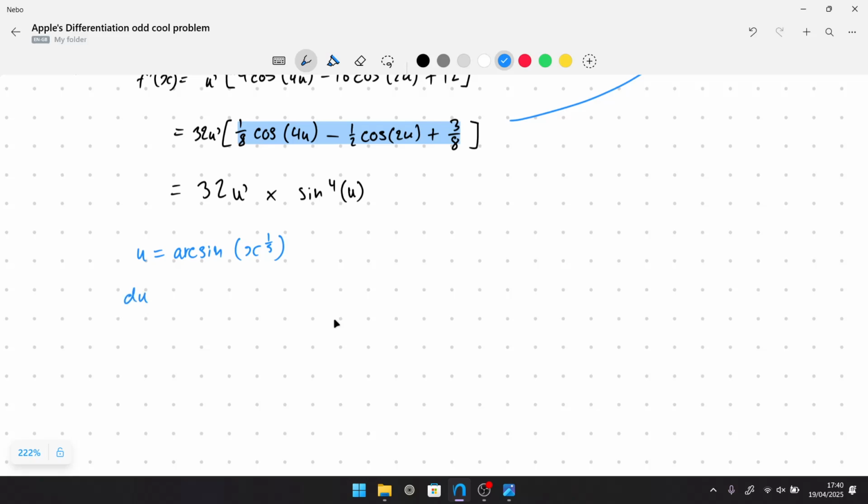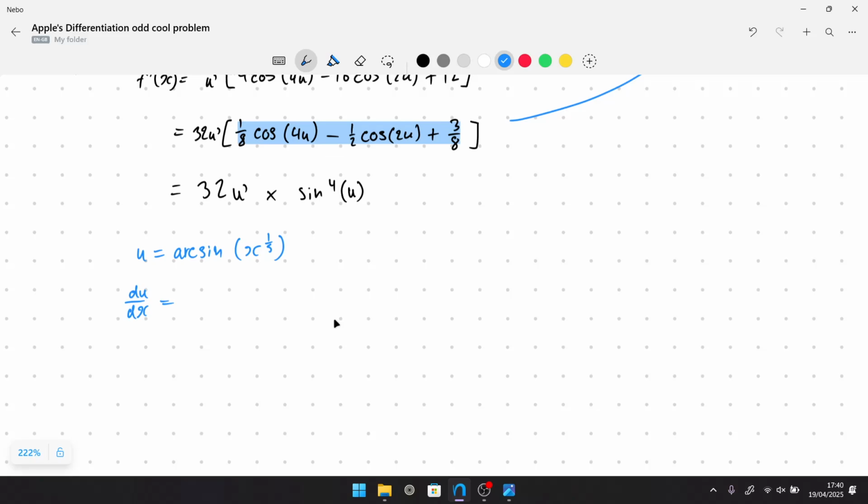You have the options to either use the formula booklet or to differentiate it from scratch.